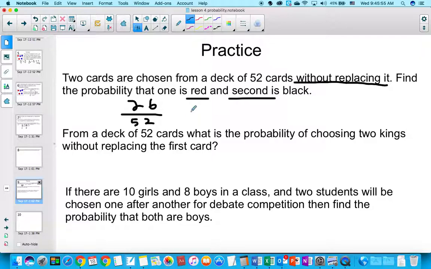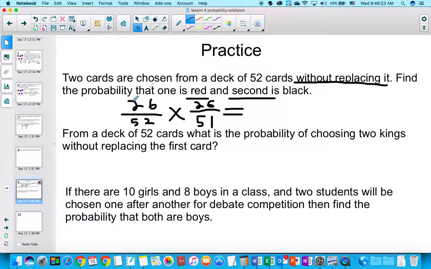Your sample space went down by 1. You have 51 cards instead of 52 because you took a red card. Again, the number of black cards didn't change because you pulled out a red card, so it's still 26. So you made it just a little bit more likely to get a black card the second time. And so you can multiply through and you can get your answer.